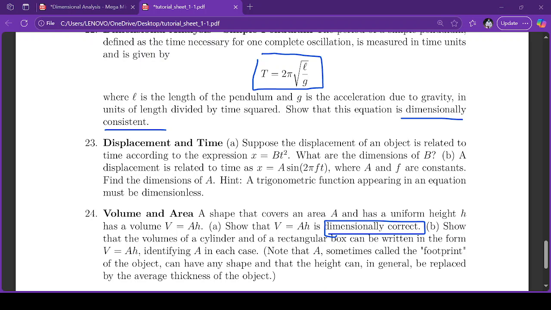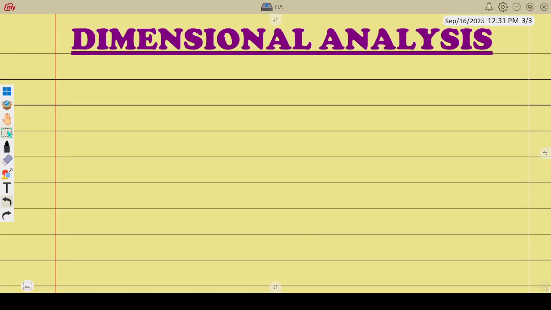Let's find the dimensions of period. They have given us that period is equal to 2 pi square root of L over T.